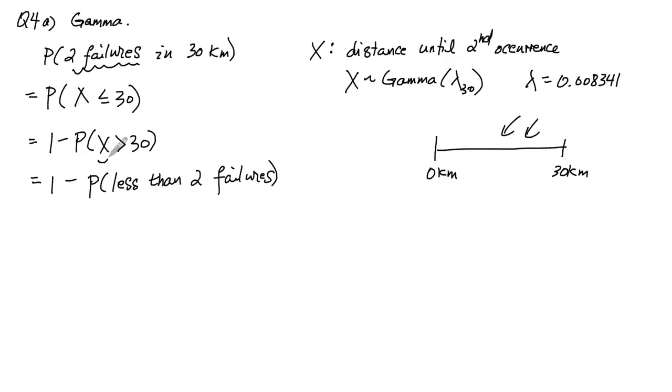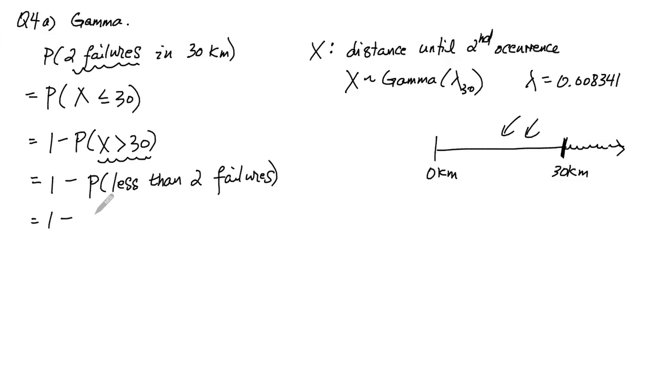Again, what this means is the distance until the second occurrence is greater than 30 kilometers, which means that the second occurrence happens somewhere after 30 kilometers, which in turn implies that in the first 30 kilometers there's either going to be 0 failures or 1 failure.